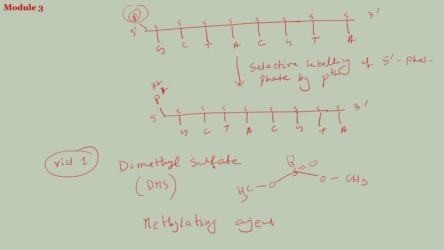Methylating agent means if you want to methylate something, then this is used, so that one methyl from here would be transferred from here to your compound. The reason is, if you have a suitable nucleophile, so because of this internal resonance, this is very labile, so you can easily pick it up.